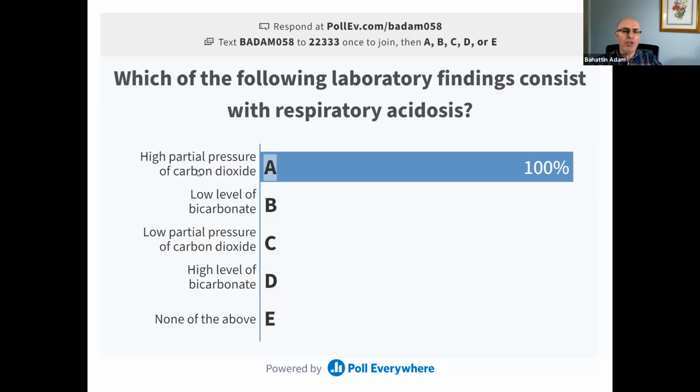Higher partial pressure of carbon dioxide is the correct answer. Okay, respiratory acidosis. The correct answer is A, because the level of the carbon dioxide is regulated by the lung via respiration. And that means it is the correct answer.